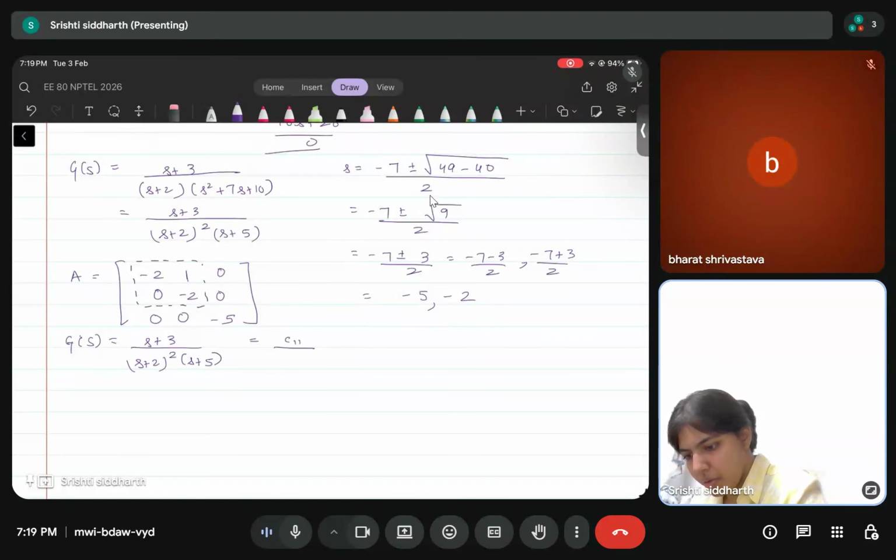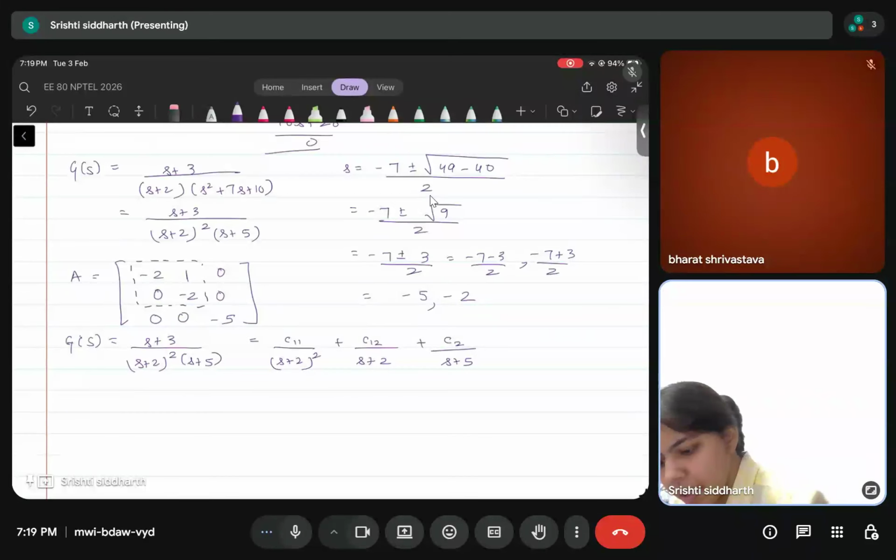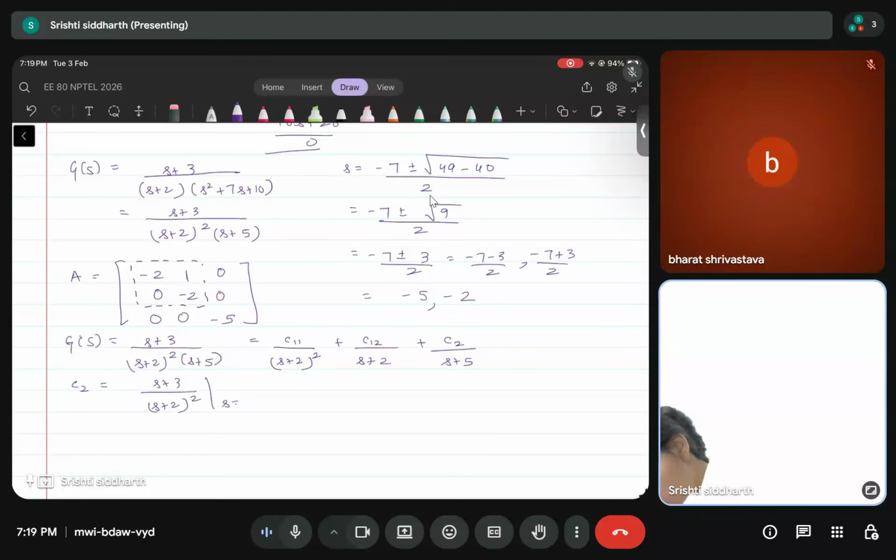So C11 over S plus 2 squared plus C2 over S plus 5. So C2 is easy to tackle, right? C2 is S plus 3 over S plus 2 squared at S equals minus 5.